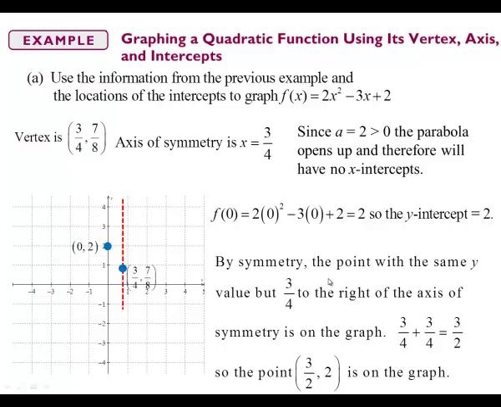So the symmetry of the point with the same y value but 3/4 to the right of the axis of symmetry is 3/2. So the point 3/2, 2 is on the graph. Alright, and so that's our graph.